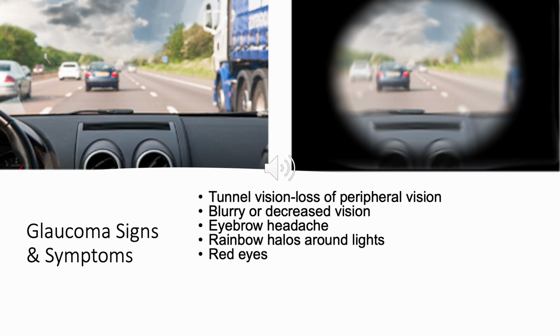Okay, the signs and symptoms of glaucoma. Glaucoma results in tunnel vision. So people have a loss of their peripheral vision. They may feel like a curtain's coming over their eye, or they may feel like they're in a tunnel, okay? They'll have blurry or decreased vision. If their intraocular pressure is very high, they may get like an eyebrow headache.